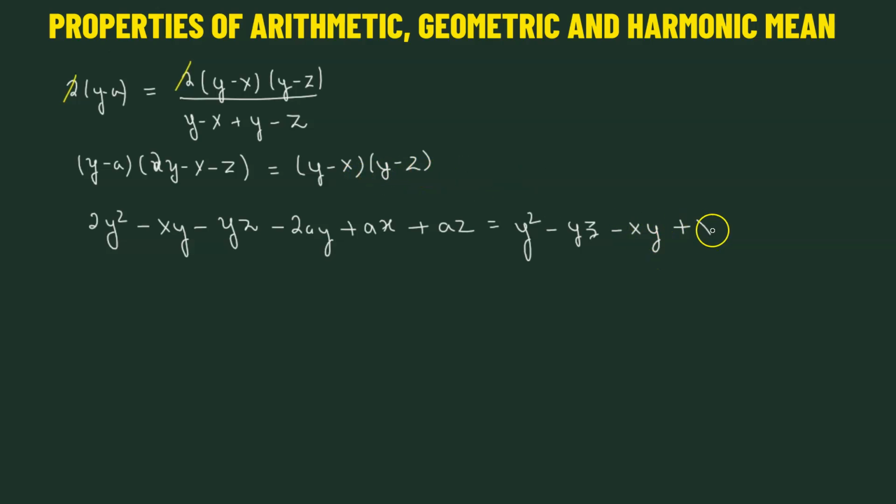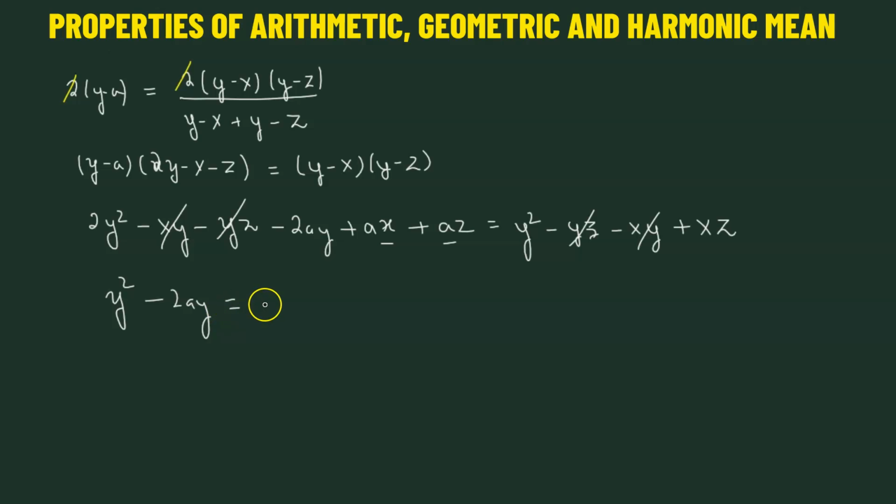Now a few of the terms will get cancelled out from both sides: negative xy, and then negative yz and negative yz from both sides. So 2y squared, we are going to combine it with this y squared. After we transpose it to the left hand side, it becomes simply y squared. Then we have negative 2ay, and we're going to transpose ax and az to the right hand side.